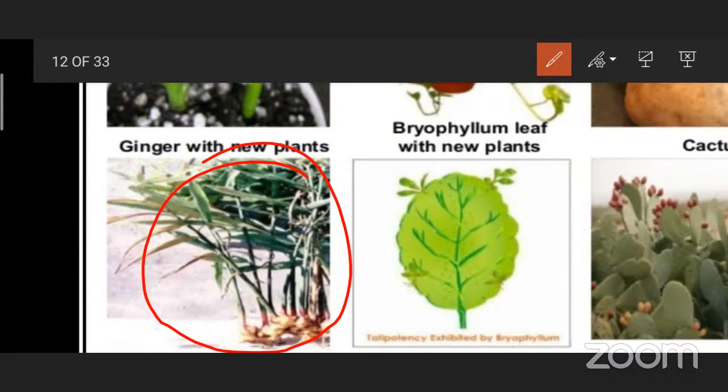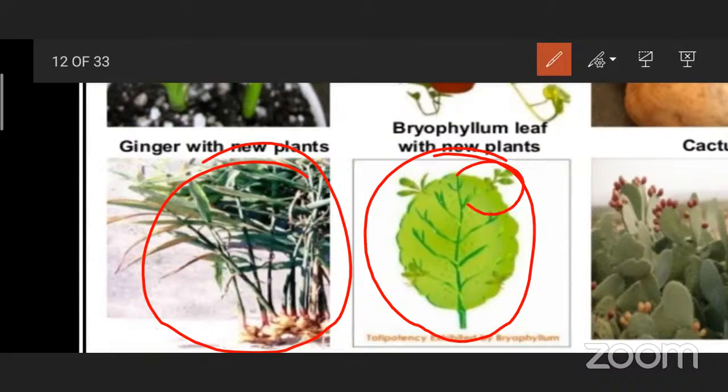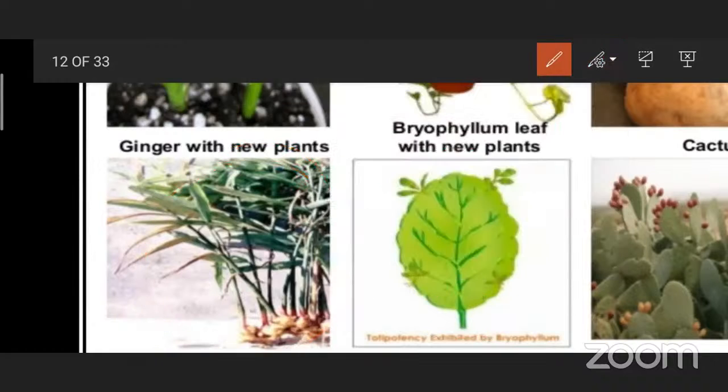Ginger, scientific name Zingiber officinale. Another one, bryophyllum, with the help of the leaf part. Bryophyllum has buds in the leaf. If a part of the leaf with the bud is planted in the soil, we can get a new plant.